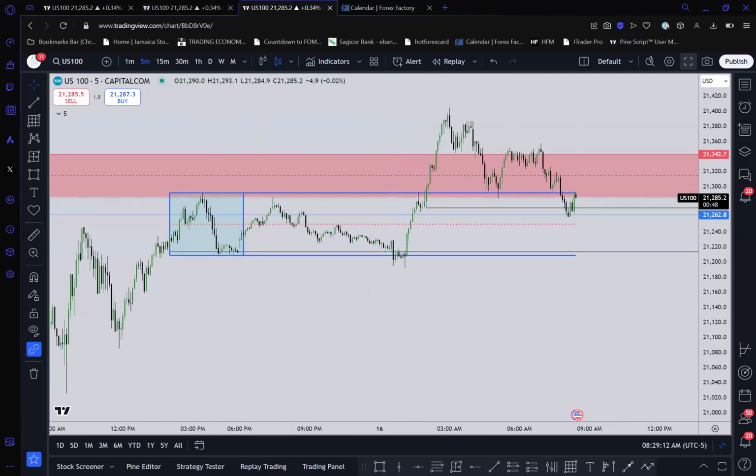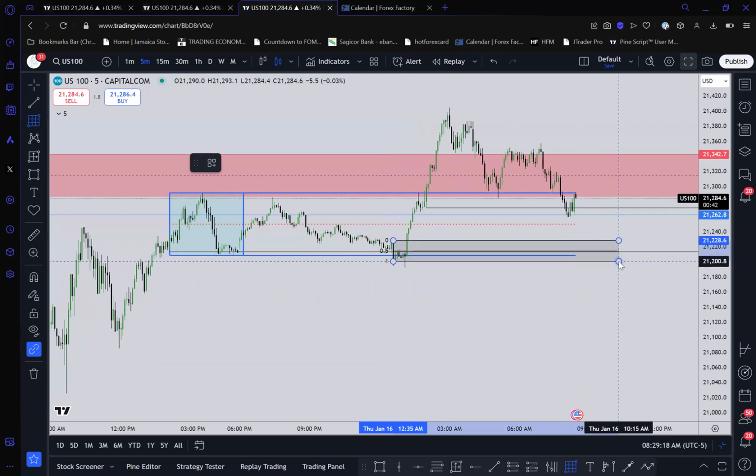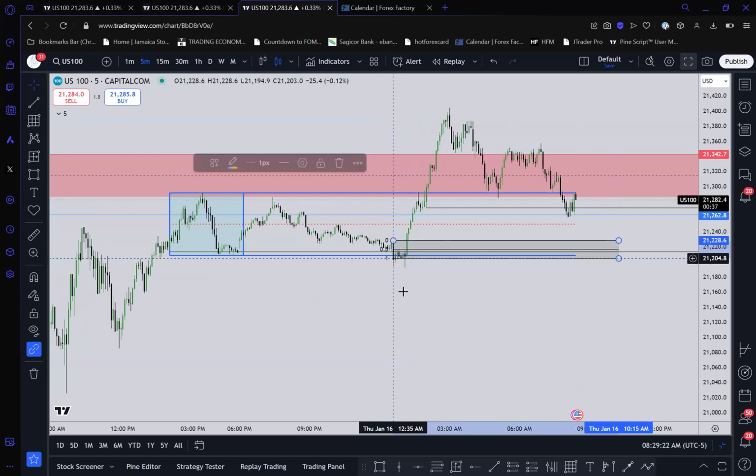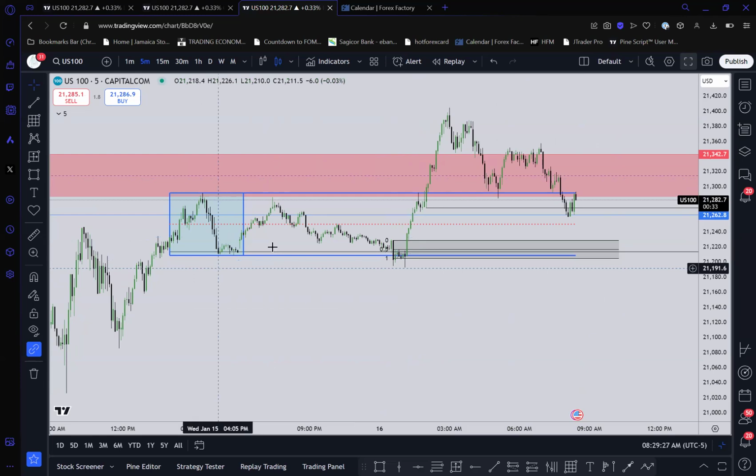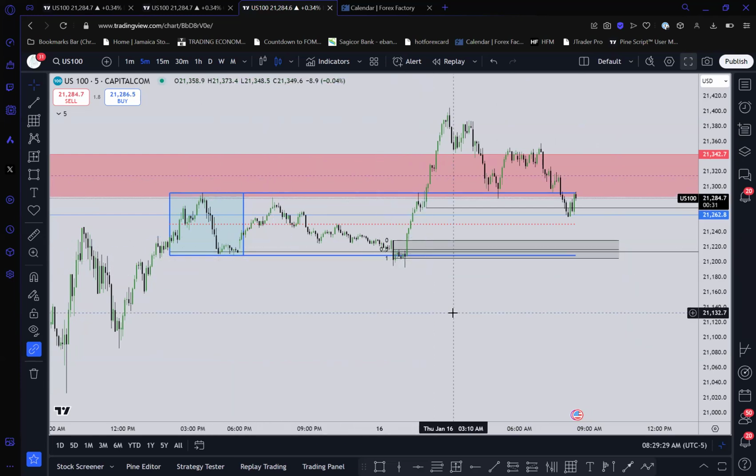Swept order block. If it opens and starts trading lower, I'm going to watch right there, because it's the down candle that closed below.